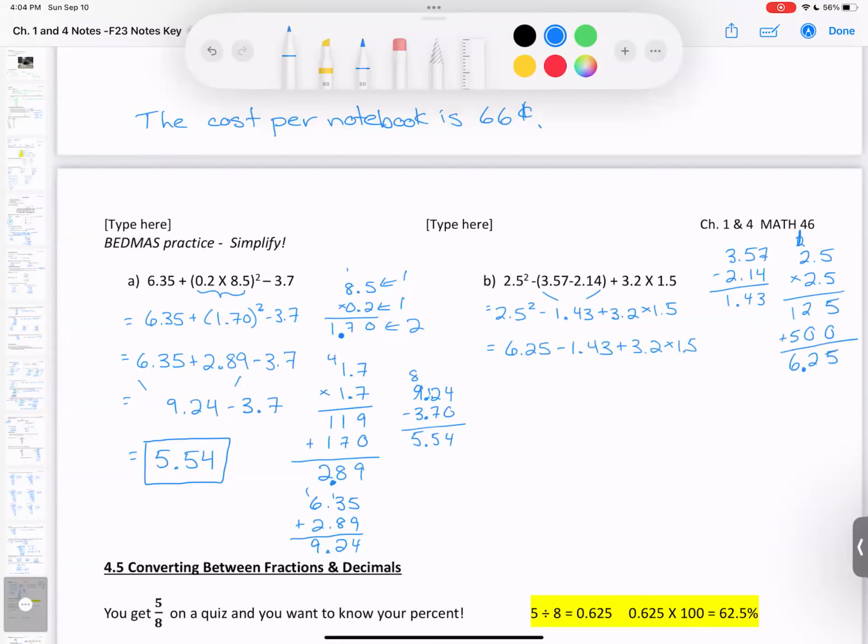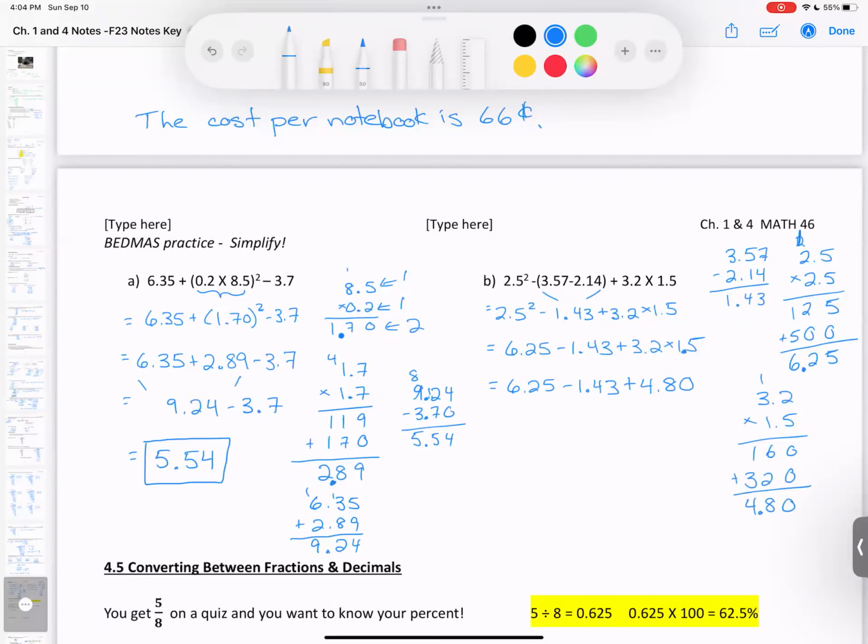So now we want to deal with that multiplication. So 3 and 2/10 multiplied by 1 and 5/10. And I get 4 and 80 hundredths, or we could actually just say 4 and 8/10, because those mean the same thing. Let's leave it in hundredths, I guess. Just because it'll make the addition easier.